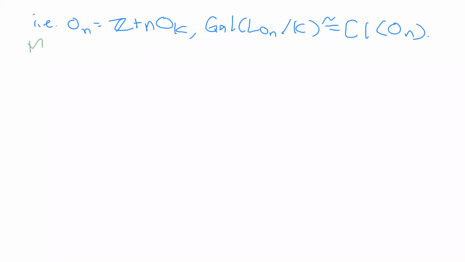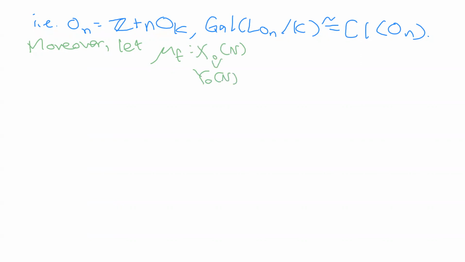First of all, these are the points on the modular curve, but we can always find what's called the modular parameterization.